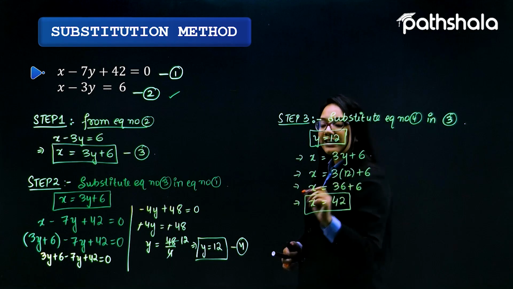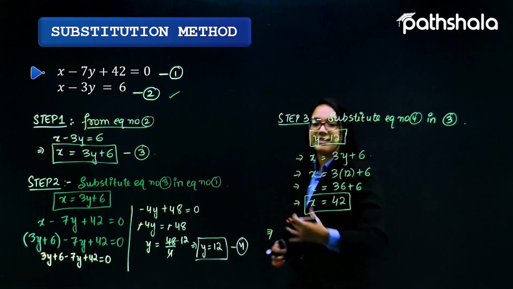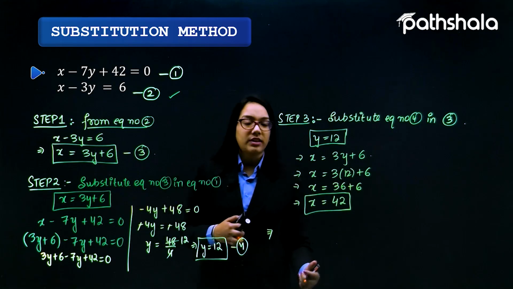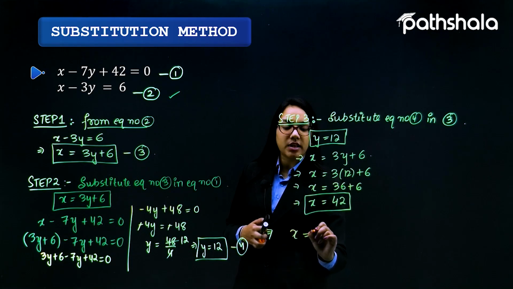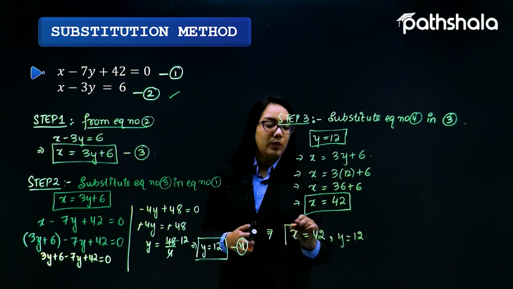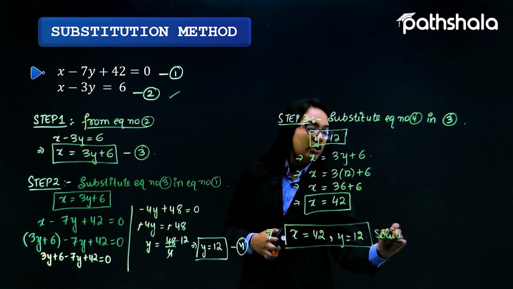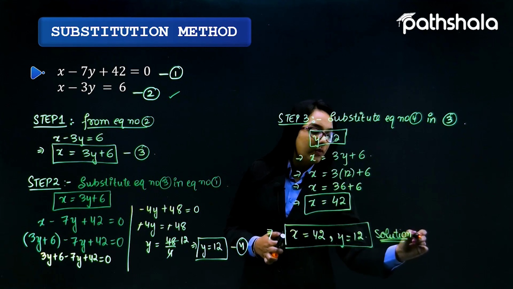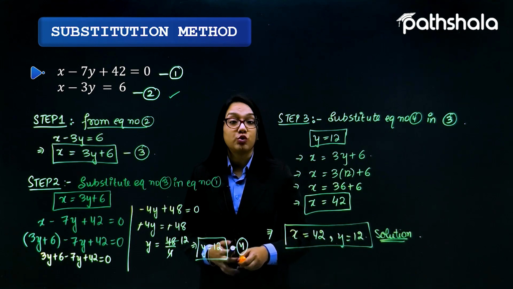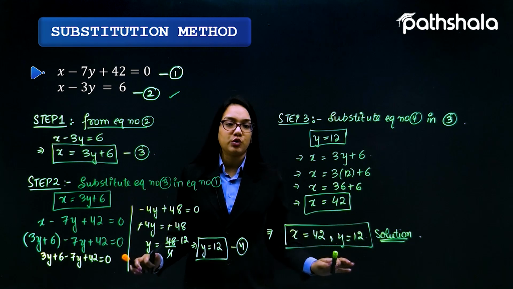So at the end, using the steps involved in the substitution method, we have concluded that the value of the x variable is 42 and the value of the y variable is 12. This is the solution of the pair of linear equations by an algebraic method, that is the substitution method.